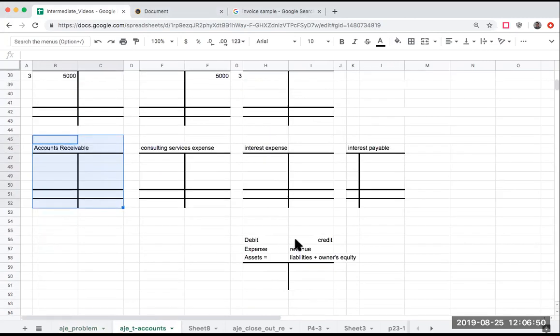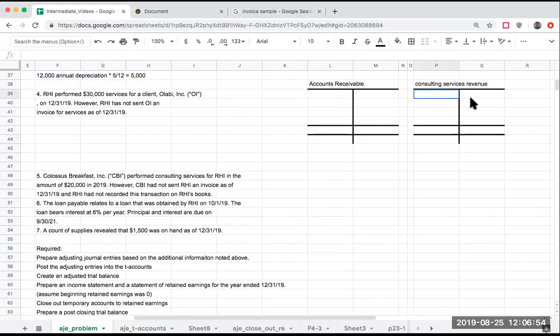So I'm just going to go over here and credit consulting services revenue. And because I'm not actually receiving any cash, this company that I've performed the services for actually owes me the money. So I'm going to be debiting accounts receivable.